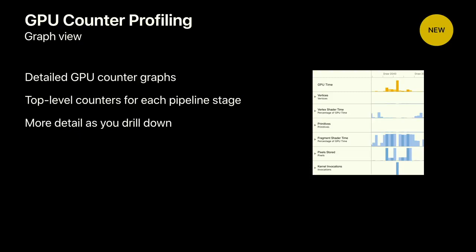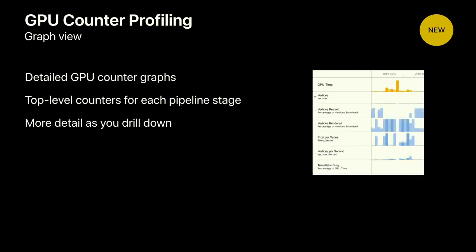At the top, we show you GPU time, as that's inherent to all GPU counter profiling. And then below that, a set of top-level counters that correspond to the stages in the GPU pipeline, along with some other top-level counters that correspond to shared execution units, such as the shader core and texture units.